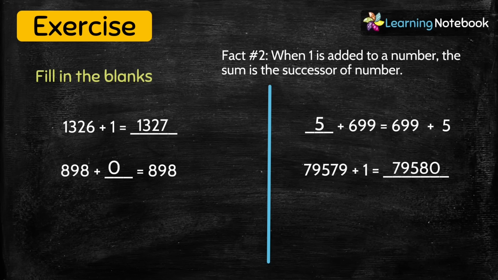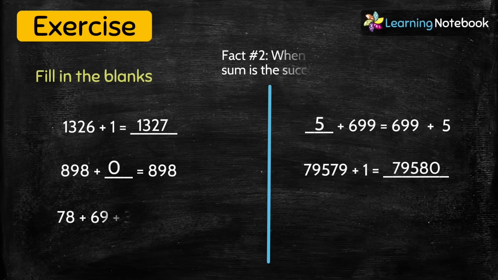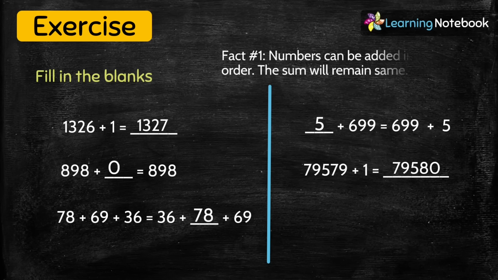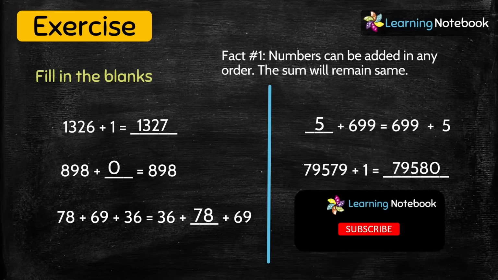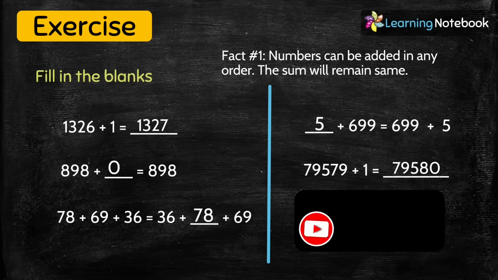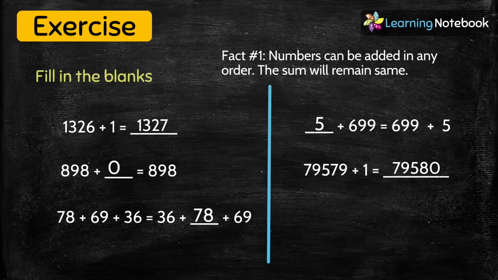When 1 is added to a number, the sum is the successor of that number. And last question is 78 plus 69 plus 36 equals to 36 plus dash plus 69. So what would be the answer here? Yes, 78 because according to addition fact 1, numbers can be added in any order, their sum will remain the same.